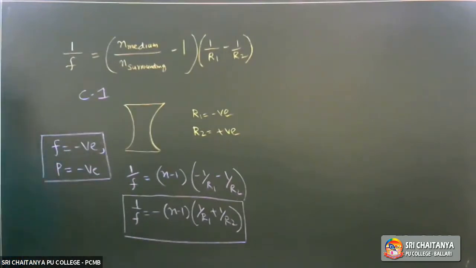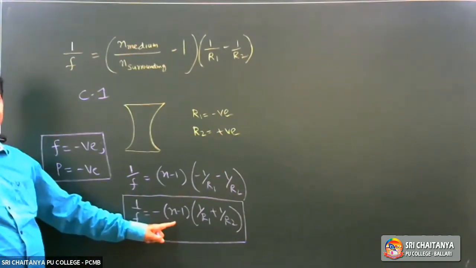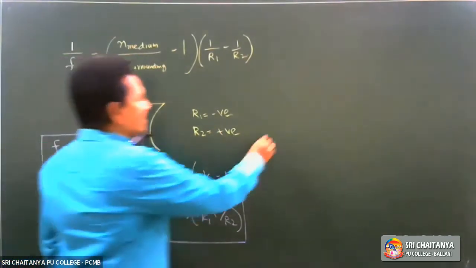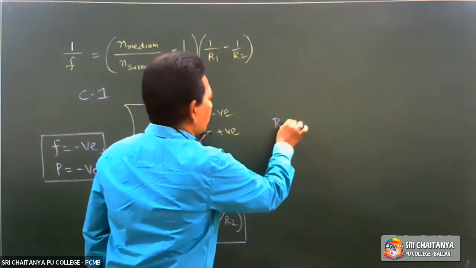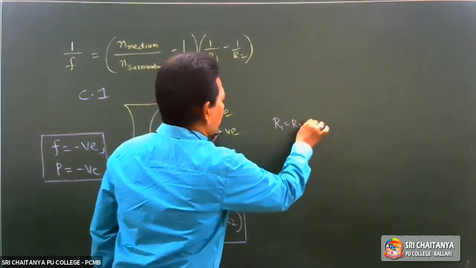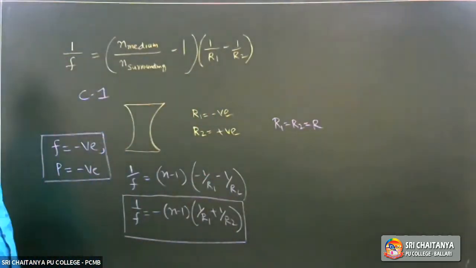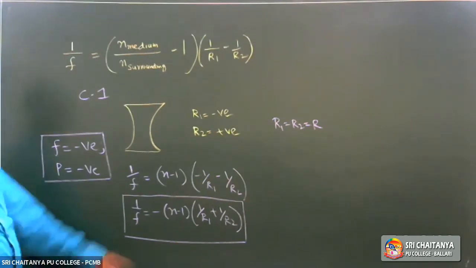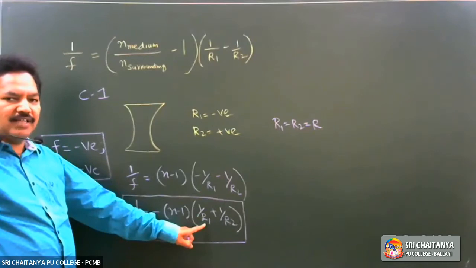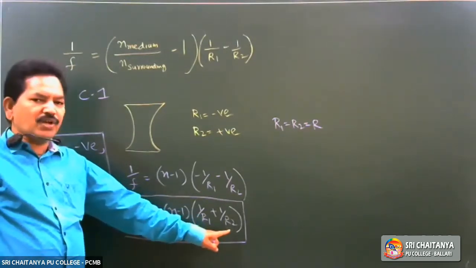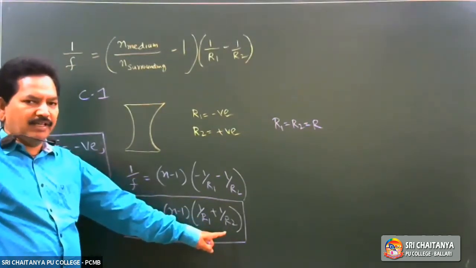Now let us consider the equiconcave lens. How does this formula become? Equiconcave lens means R1 is equal to R2 is equal to R. Substitute R1 value as R, and R2 value is also R in the final formula.